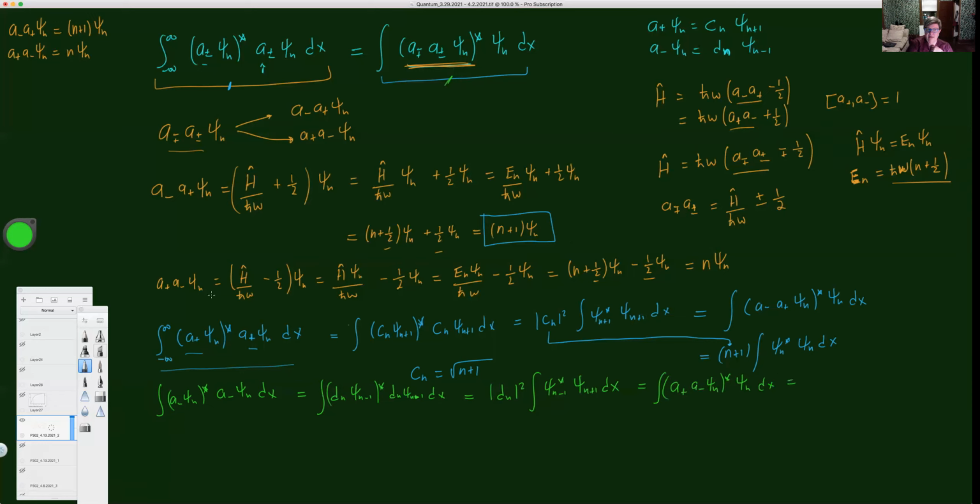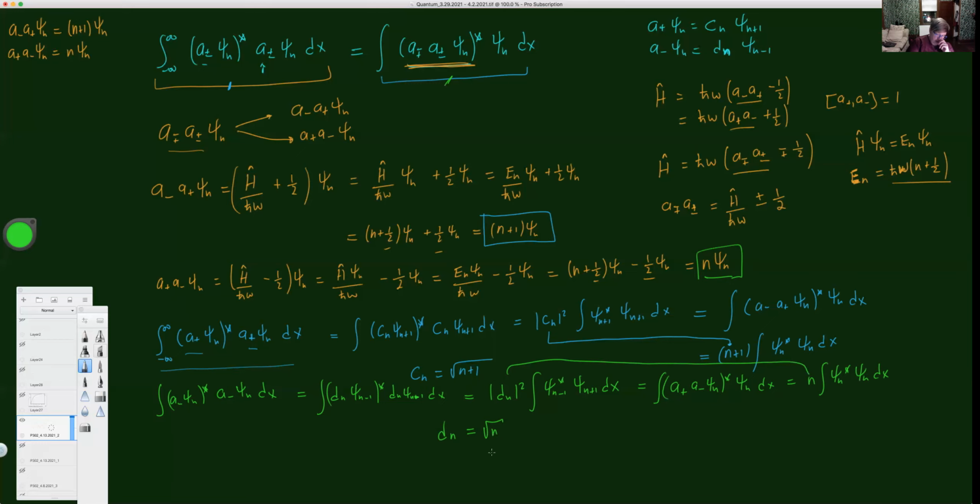And remember we said a plus a minus is just n psi n, so I'm bringing the n out of the integral, psi n star psi n dx, and therefore dn is equal to the square root of n. We're making these two things equivalent.